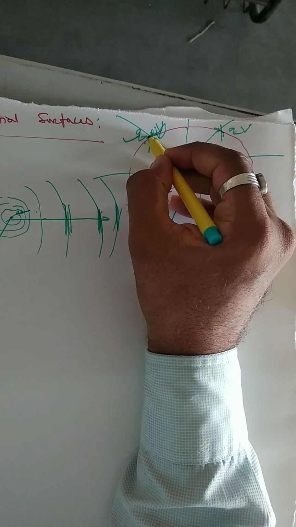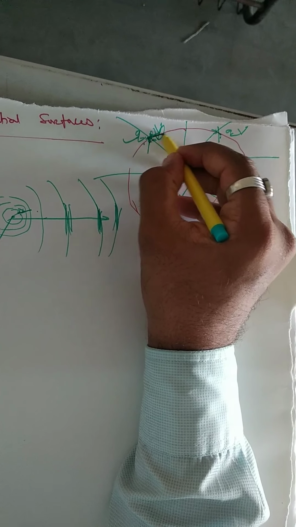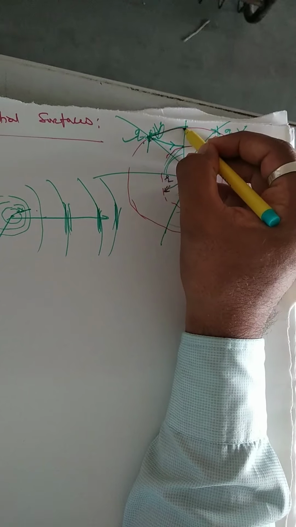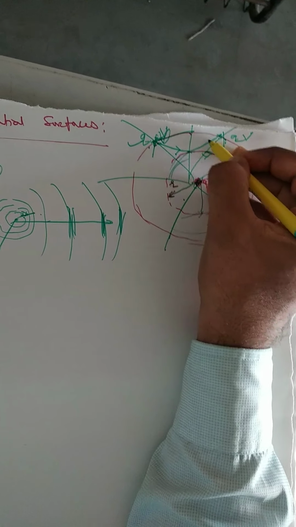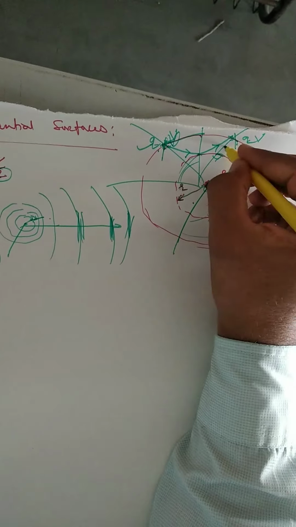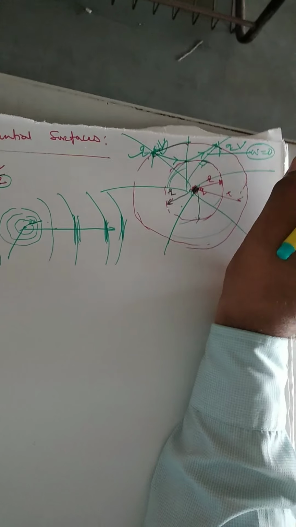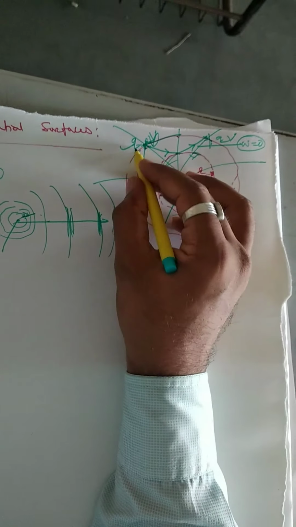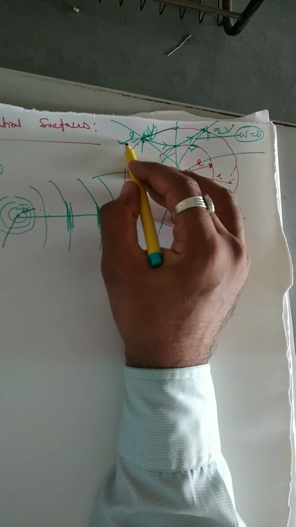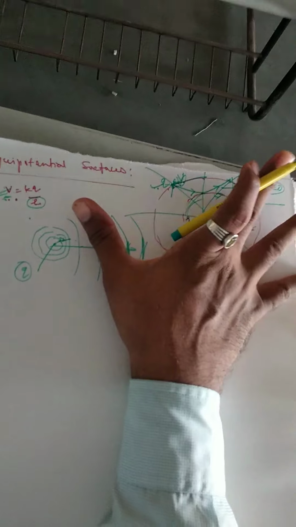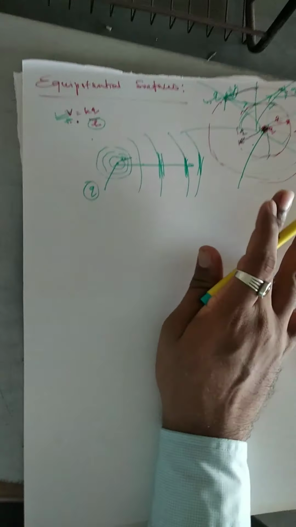So to bring the charge from this point to this point, work is applied on the charge, and from this point to this point, work is done by the charge. So overall net work done will be equal to 0. Clear? So on a given equipotential surface, the value of electrostatic potential will be the same. Okay, so I hope the concept of equipotential surfaces is clear.